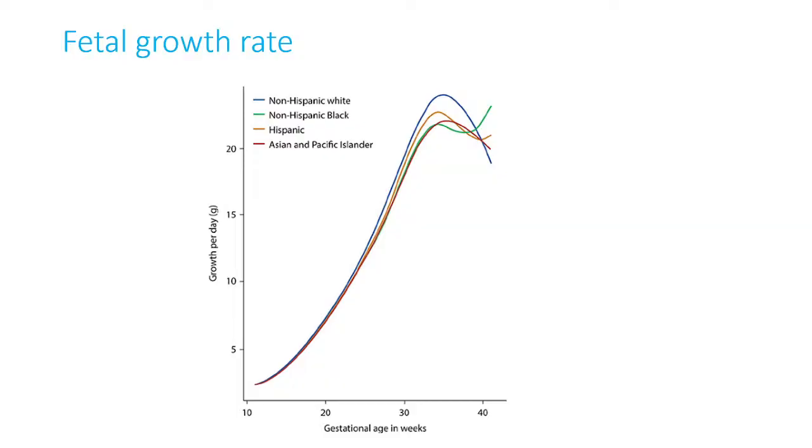This brown color is for Asian, and after 36-37 weeks it gradually decreases. So, there is a steep increase till 35 or 37 weeks, then it gradually decreases. The rate decreases, not the weight. Weight will remain static or a little higher, but the rate decreases. This is the growth rate.